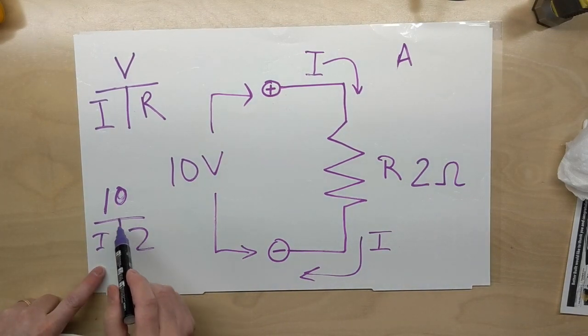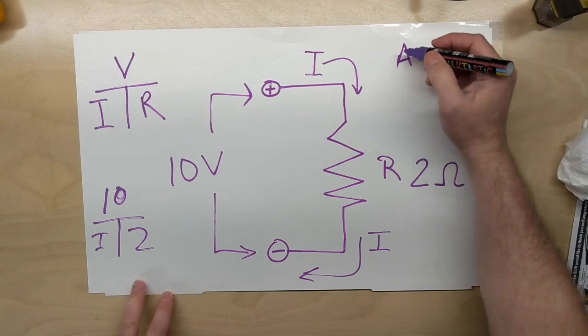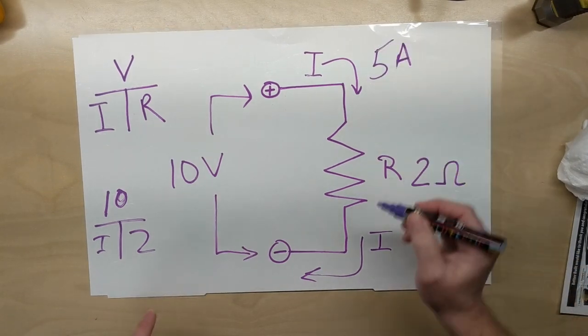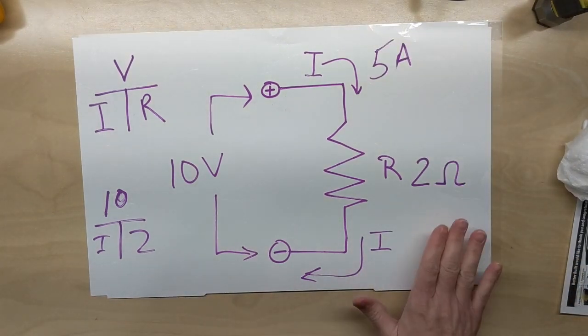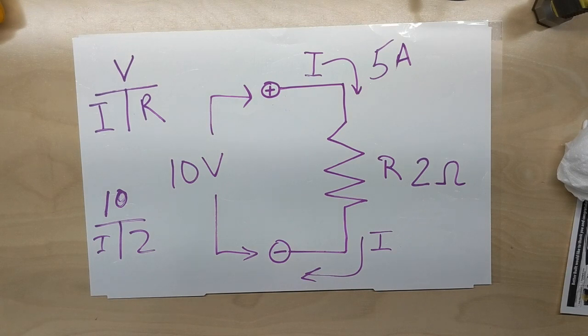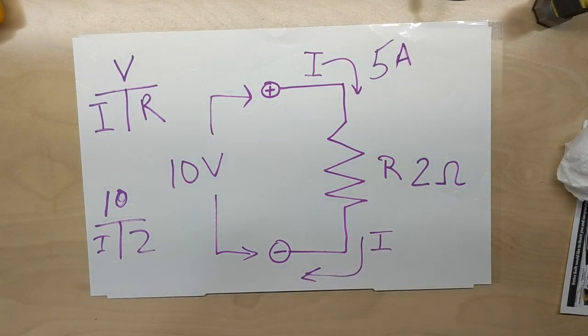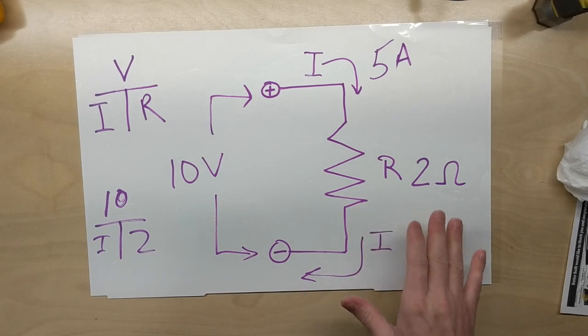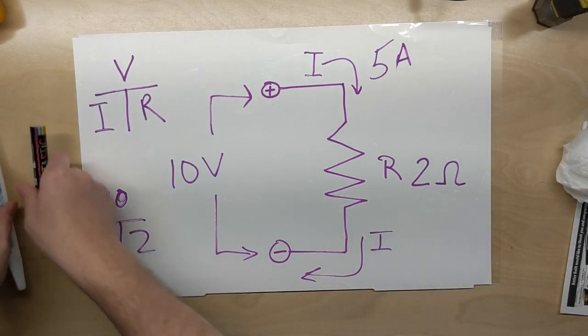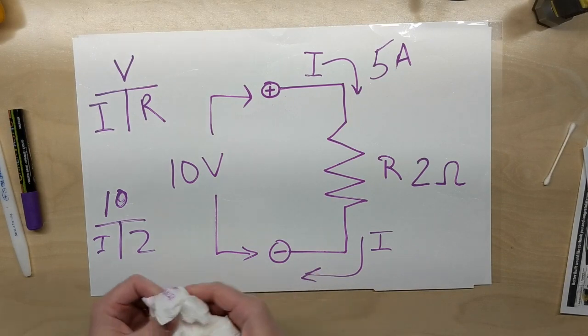Well, 10 divided by 2 is 5 amps. So Ohm's law is that simple. It's not hard at all to calculate. It's good to know when you're designing a circuit, the ohms, current, and voltage relationship. Go ahead and erase these.